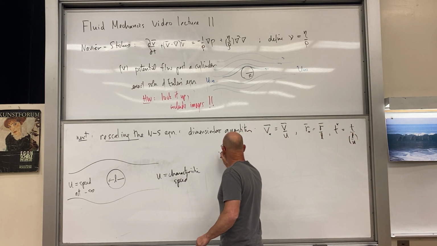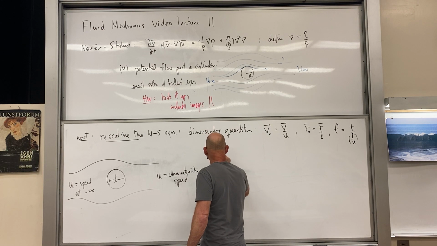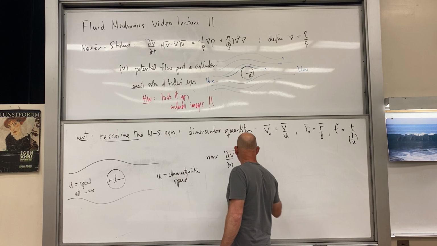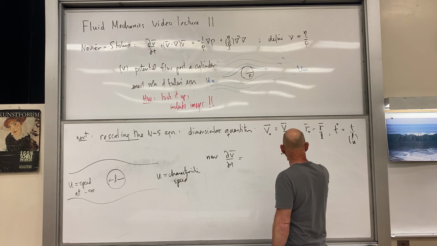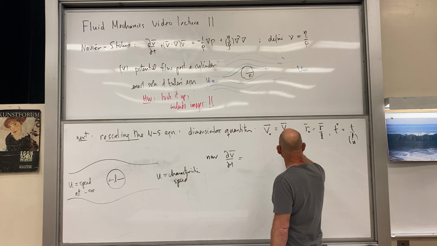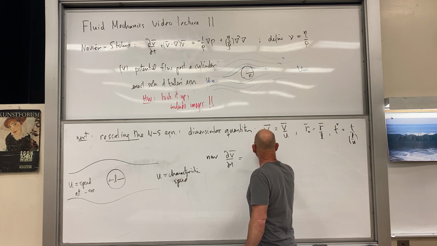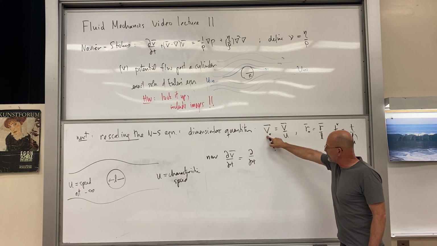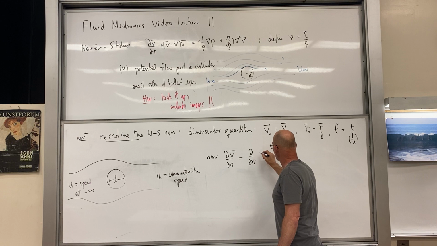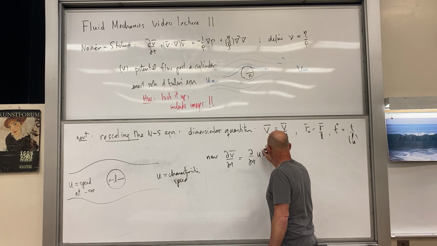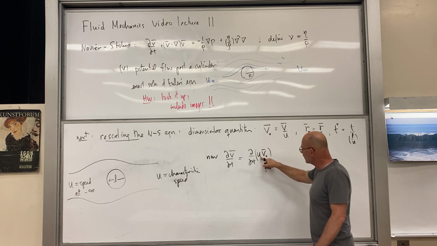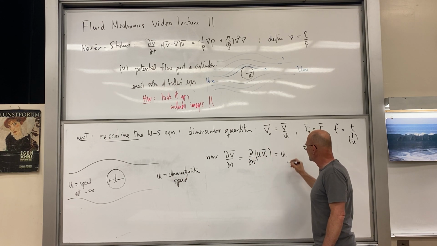So dV/dt is going to be d/dt of U times V star. U is just a constant, so we pull it out.